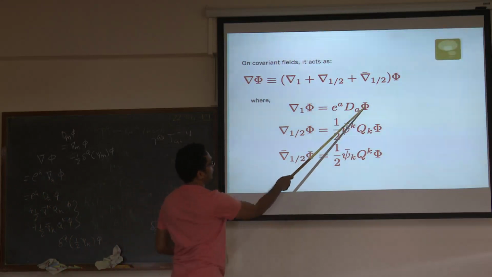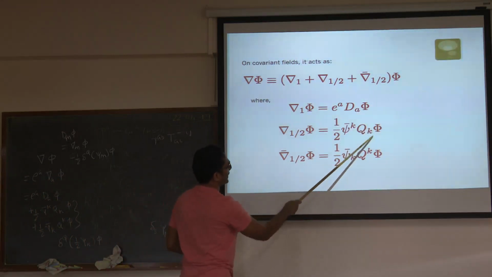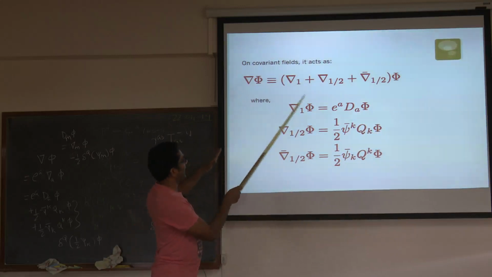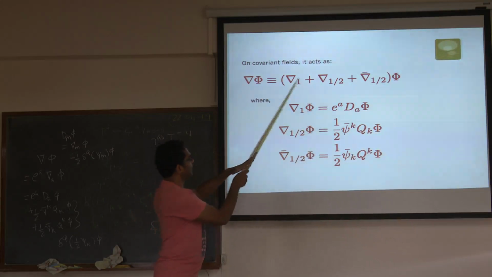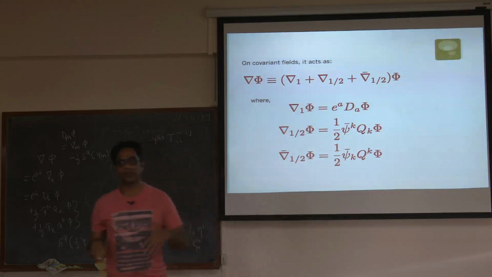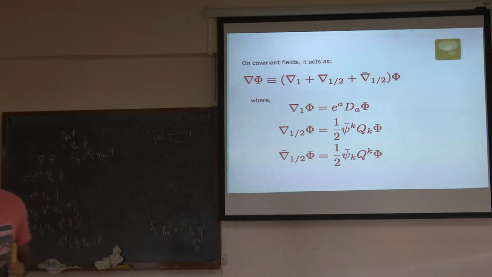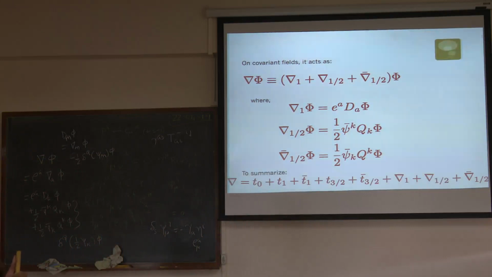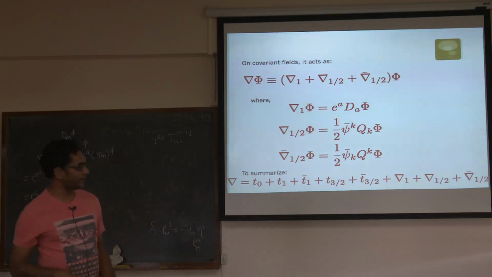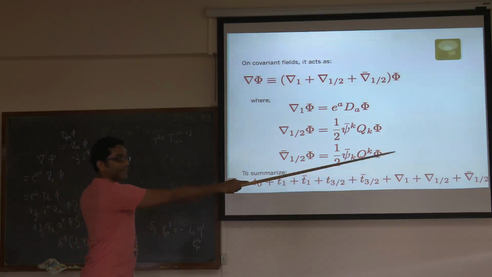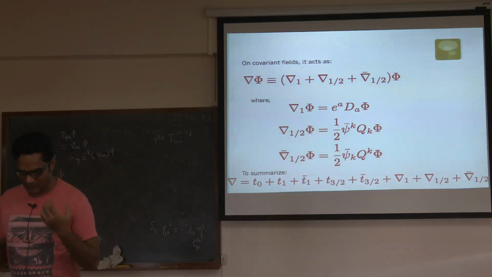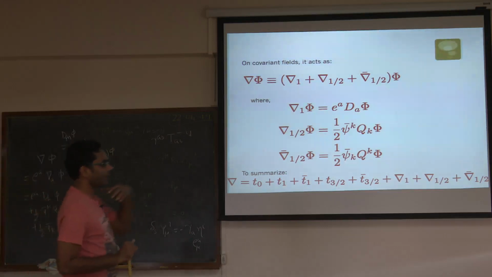So, D_A phi is a supercovariant object, the supersymmetry transformation of phi is also another supercovariant object, right. Now this del phi has one factor of Weyl-Bein coming from here, one factor of gravitino coming from here and one factor of right handed gravitino coming from here. So, to summarize, the covariant exterior derivative is a sum of all these things, which will be turned on depending on what fields they are acting.